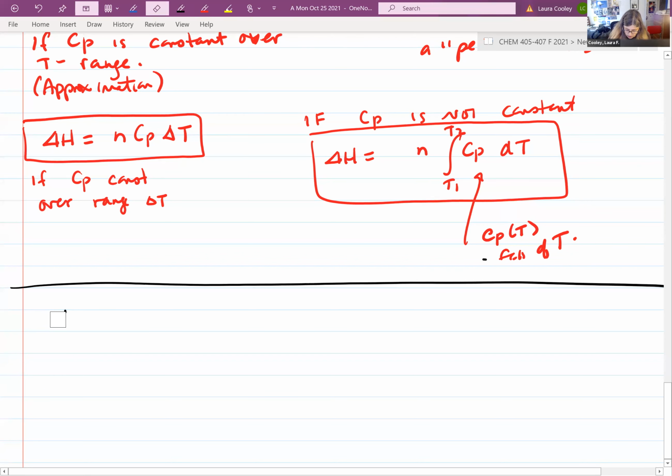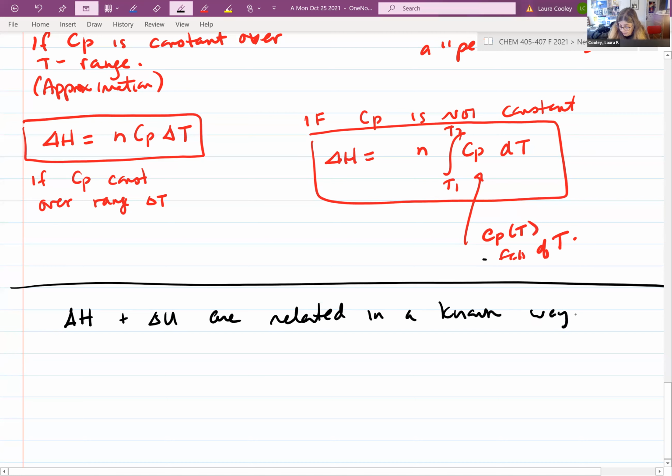So delta U and delta H are related in a known way. What about CP and CV? Are they related? Are they the same?